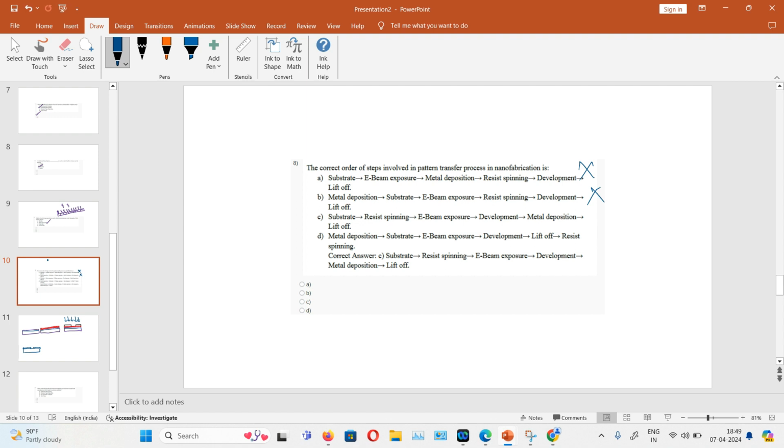Electron beam exposure, then development, metal deposition, then lift off. So this is the correct answer. So the option is C. If you have any doubt, just go through the basic procedure of this nanofabrication method, and you will be clarified.